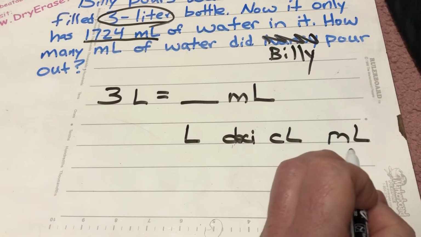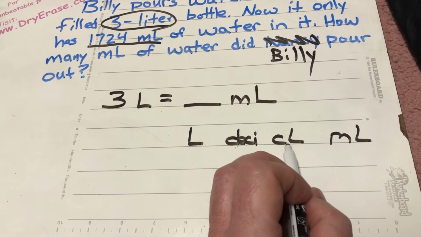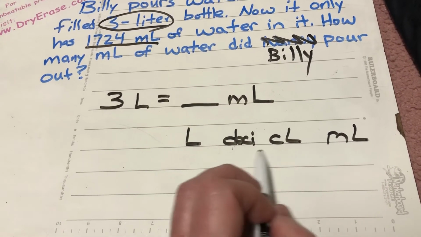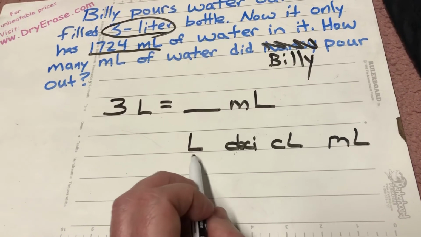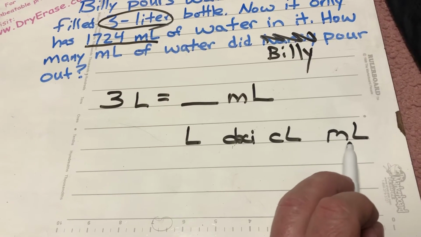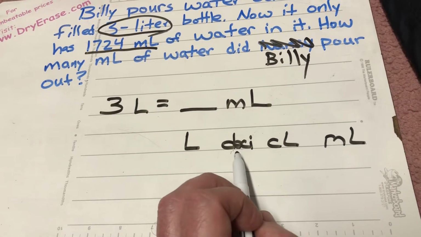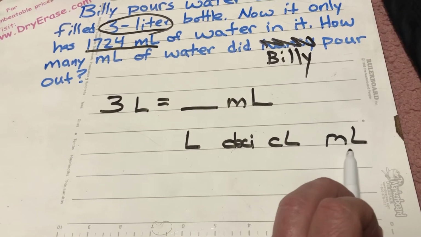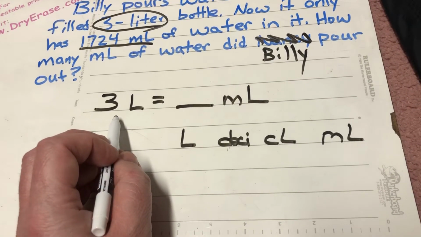So it takes 10 of these to make one of these, and it takes 100 of these to make one of these, which means it takes 1,000 milliliters to make 1 liter. So once again, 10 milliliters to make 1 centiliter, 100 milliliters to make 1 deciliter, 1,000 milliliters to make 1 liter. But I have 3 liters.